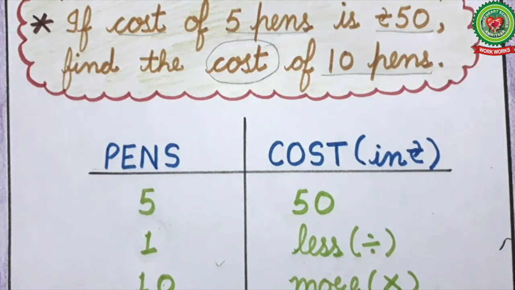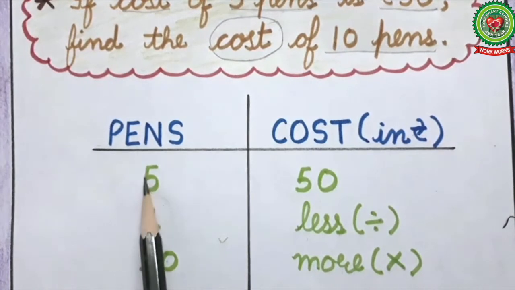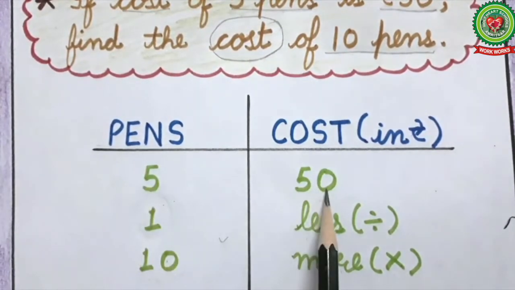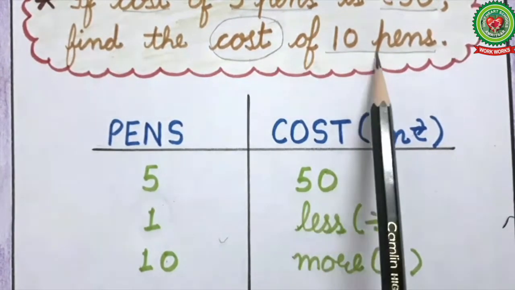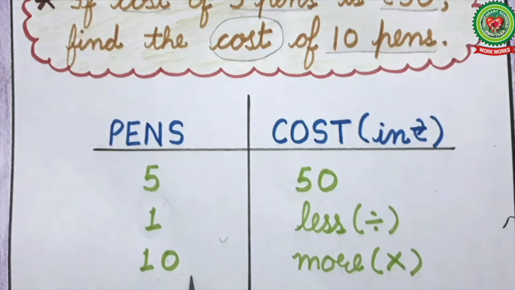Now, let's discuss how we will solve this type of problem. Table of this problem will look like this. Here 5 pens cost is 50. We need to find the 10 pens cost. But for finding the 10 pens cost, firstly we find the cost of 1 pen.